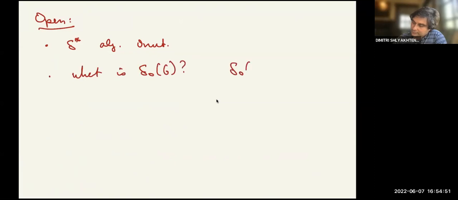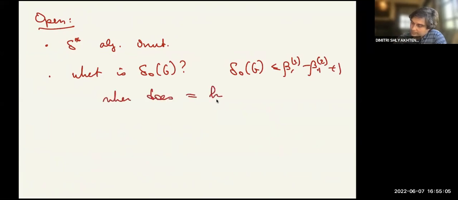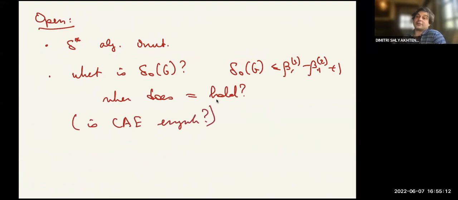We've proved that delta naught of a group is bounded by this number, but when does equality hold? So for example, is it enough just to assume that the group has the Connes approximate embedding property, would that be enough to prove that the two numbers are the same? That really is a question of how good these non-commutative algebraic varieties are versus what you would expect.